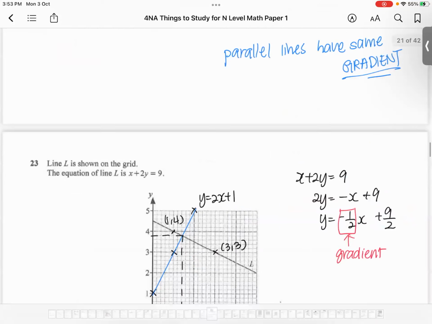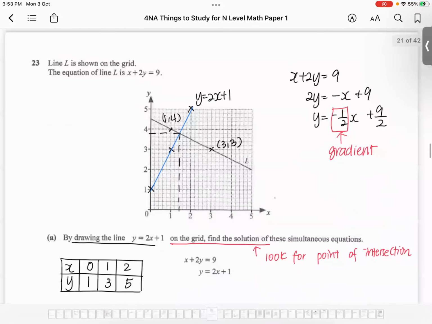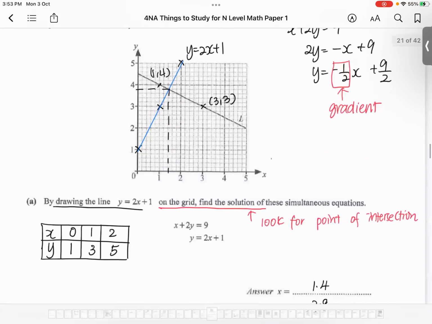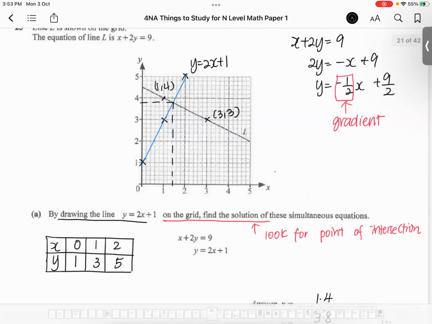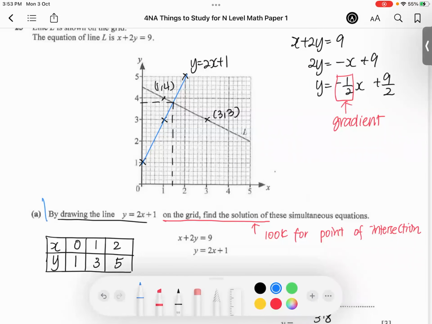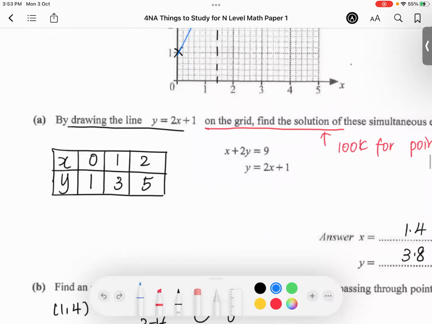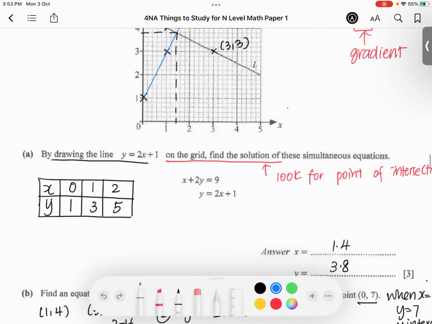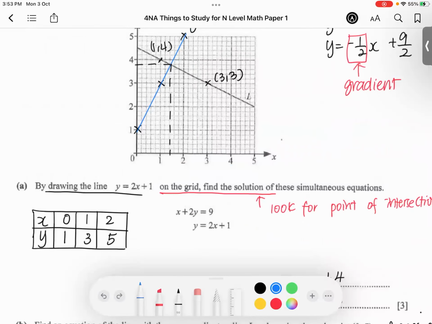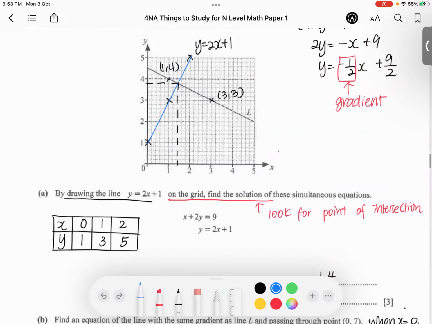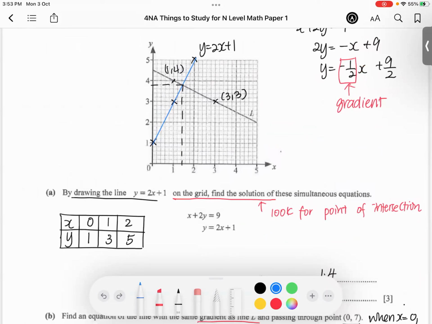So this question over here is not very difficult. Just once the question says drawing the line, you'll notice a few of these skills are being repeated. Draw the line. So I need to draw a line. What do I do? I draw a table. Plug in points. There are so many X values here that I can choose from. Of course, I choose the numbers that fit, so I can change the values. I'll try 0, 1, 2, or maybe you want to try other numbers, no problem.